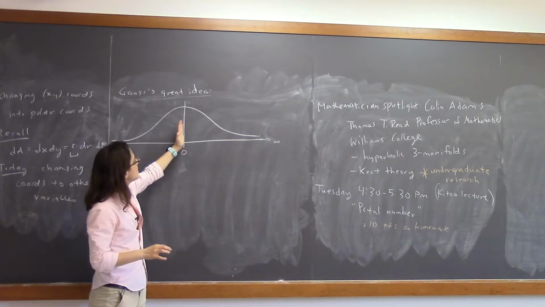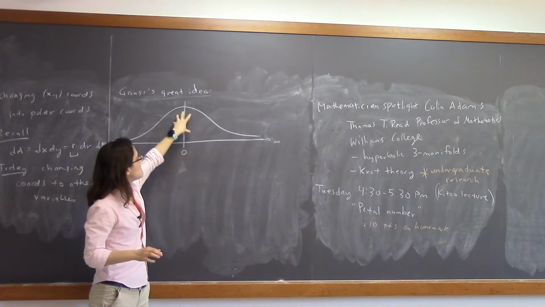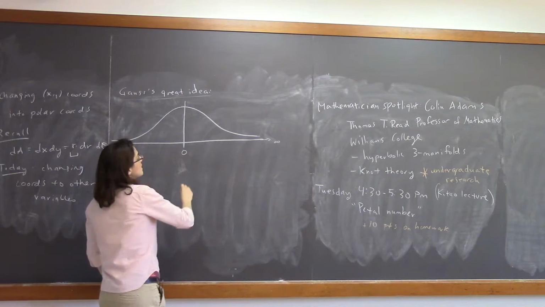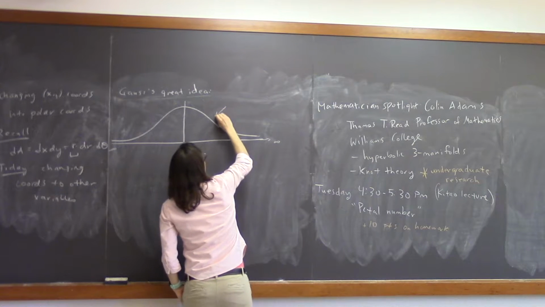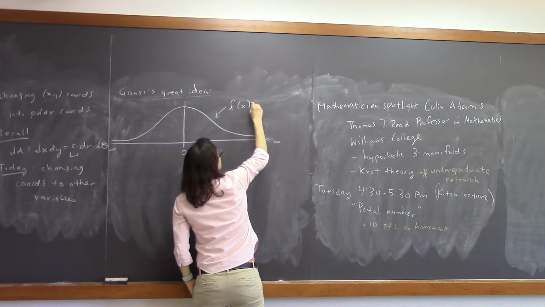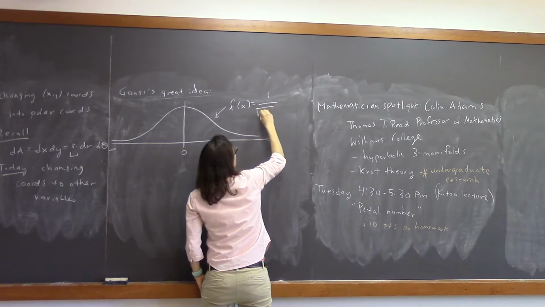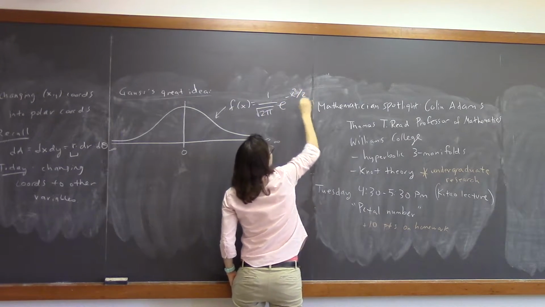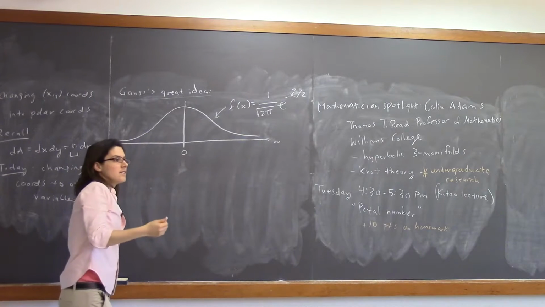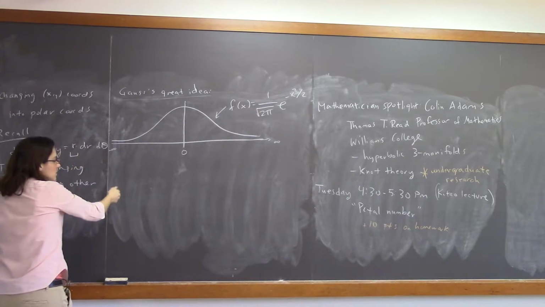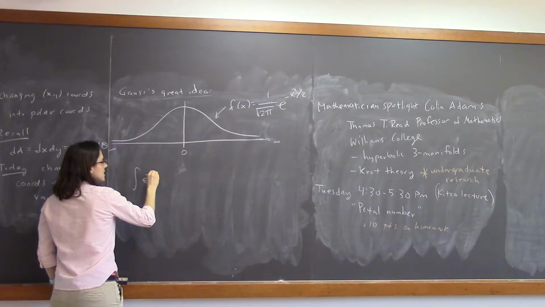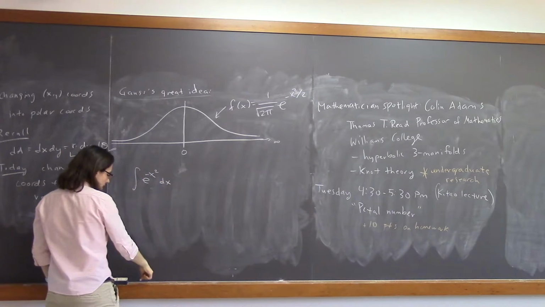So the average height is here, and then a lot of people are around the middle and not so many people at the ends. The equation for this is f of x equals 1 over square root of 2 pi times e to the negative x squared over 2. So today we'll be trying to find the integral of e to the negative x squared dx.